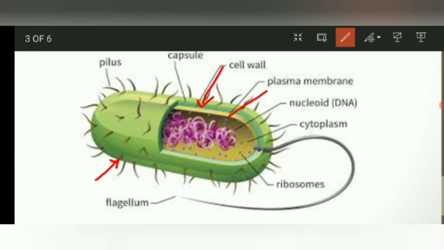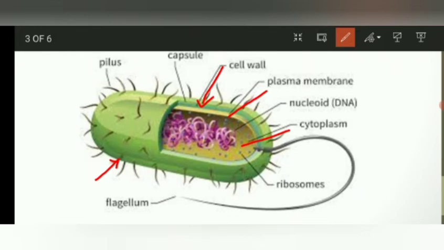This is just like a plant cell. A plant cell also has a plasma membrane and cell wall. The cell wall protects the bacteria from the external environment. Inside the cell wall you can see this yellow colored thing, which is called the cytoplasm.